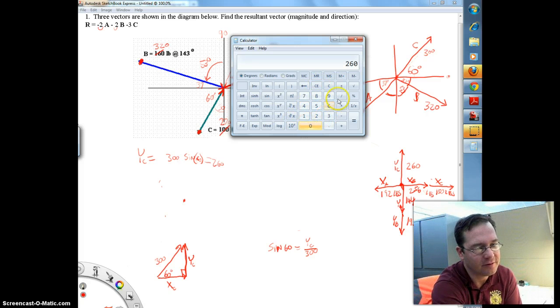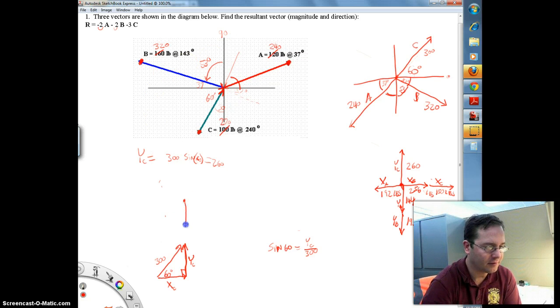So 260 plus 144 negative plus 193 negative. There's a downward force of 77 pounds, and it's reflected by the number being negative, 77 pounds.